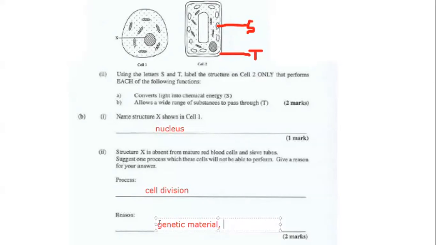Anything else? How many marks do they ask? So 1 mark for the process and 1 mark for the reason. So we can say that genetic material is absent.